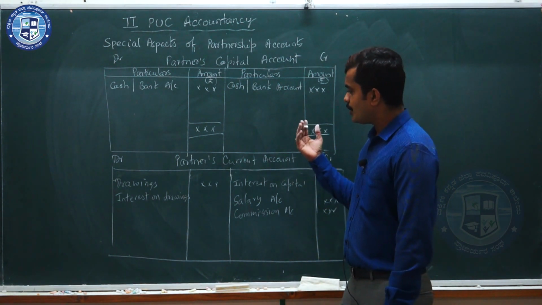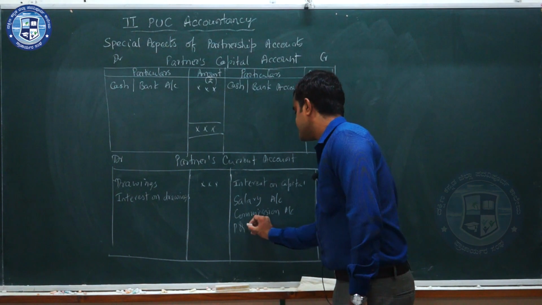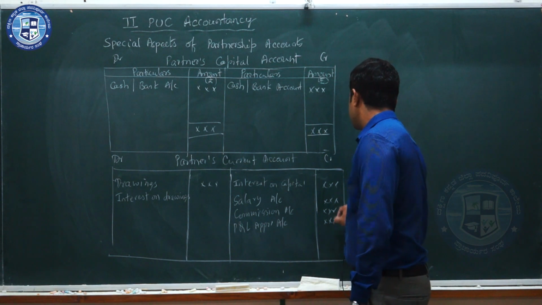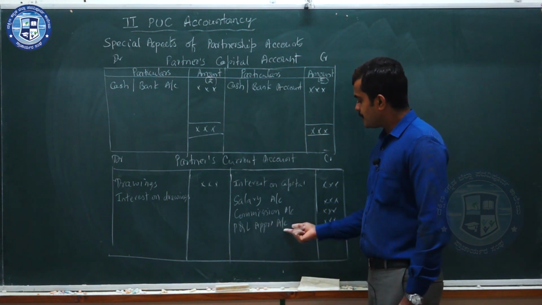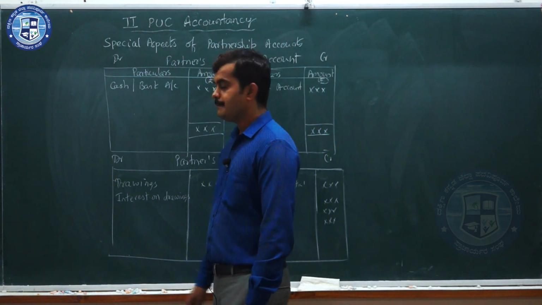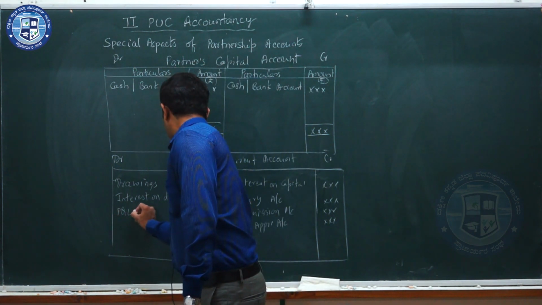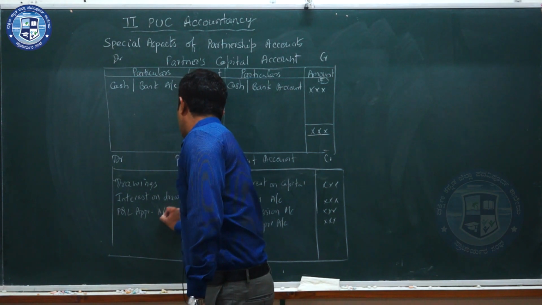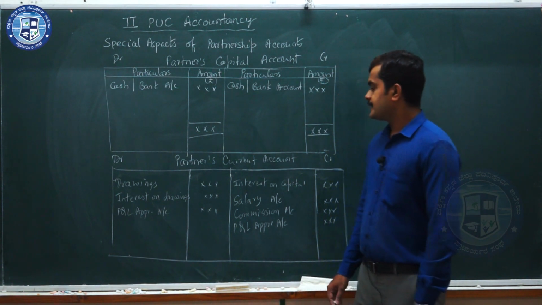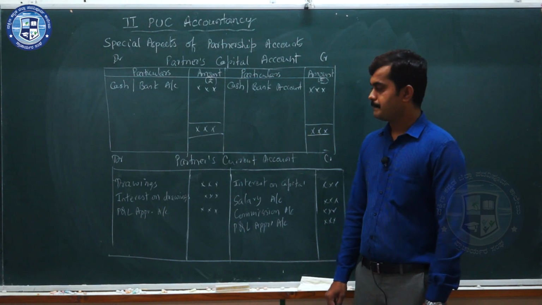Suppose there is a share of profit to that partner, then it will be recorded on the credit side as profit and loss appropriation account. Journal entry will be profit and loss appropriation account debit to partner's current account. On the other hand, if there is a share of loss, then partner's current account debit to profit and loss appropriation account. So this is how partners current account appears under fixed capital system.